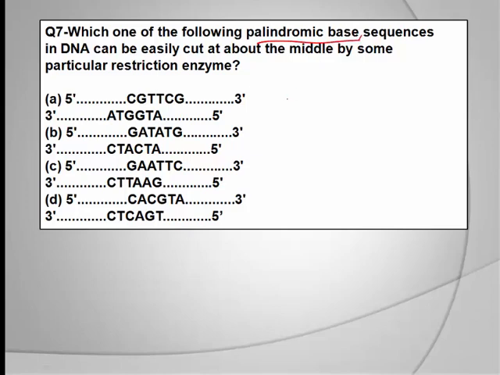A palindromic sequence is the sequence in a DNA molecule where a group of bases forms the same sequence in 5' to 3' or 3' to 5', that is both forward and backward direction. Where the palindrome sequence is present, it is recognized by REN. Always REN cuts the DNA at a palindrome sequence.